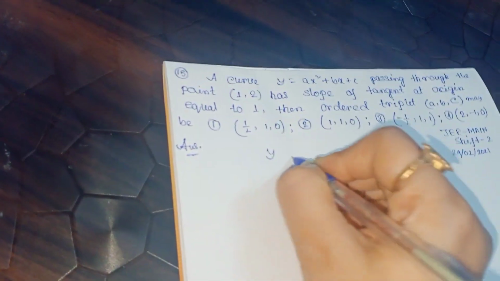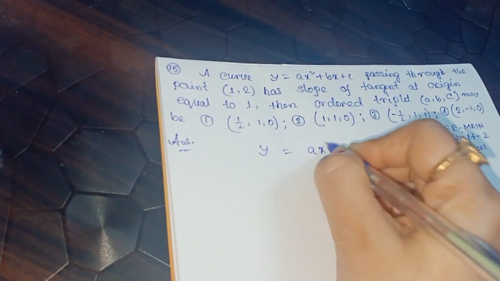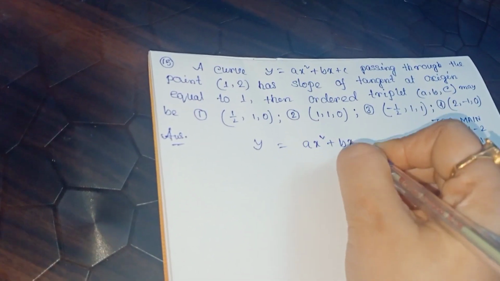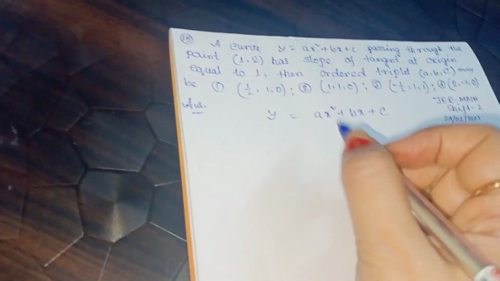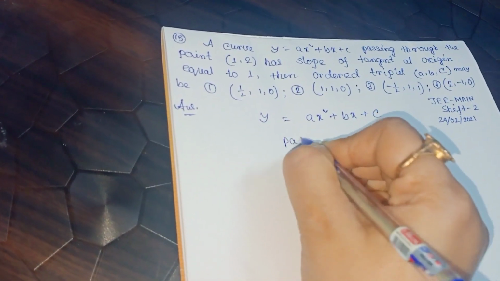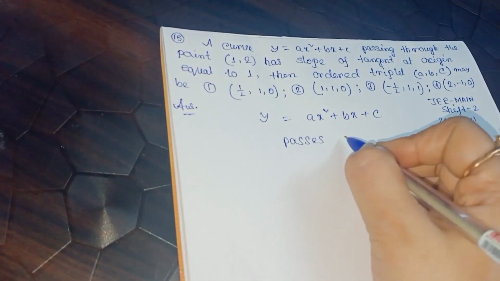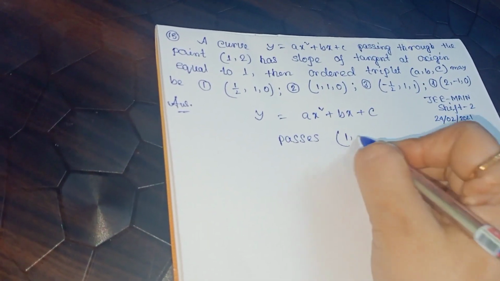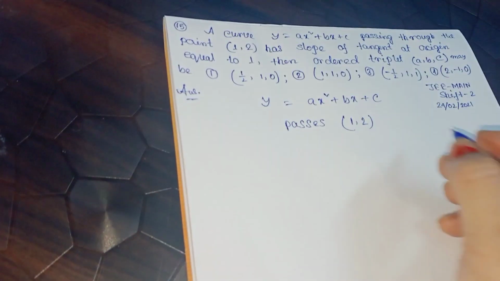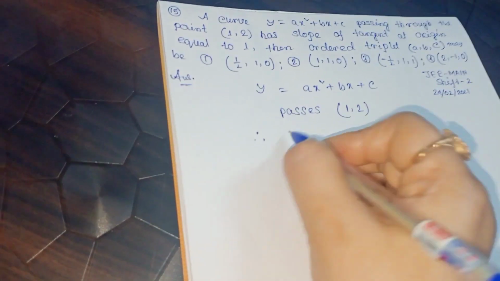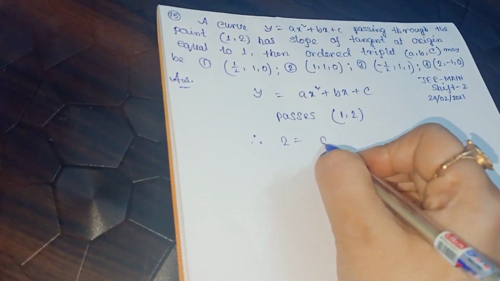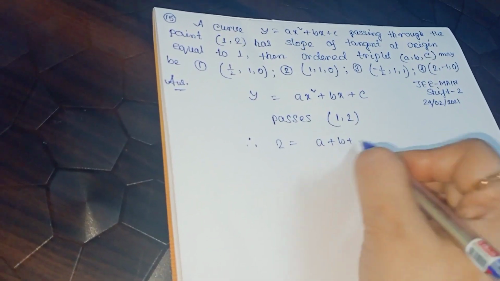The given curve y = ax^2 + bx + c passes through the point (1, 2). So it satisfies this equation. Therefore here we get 2 = a + b + c.